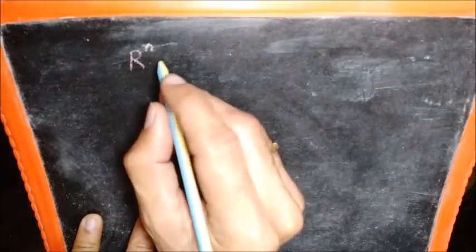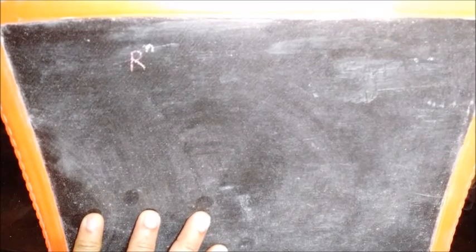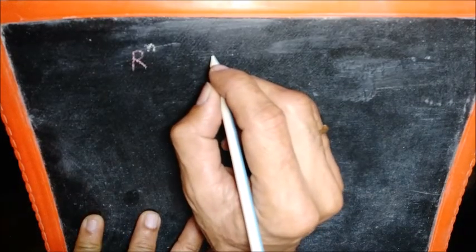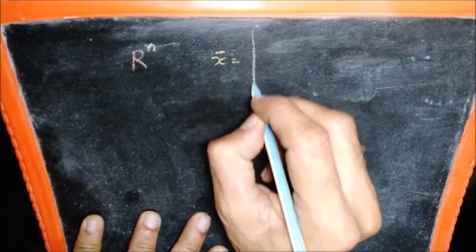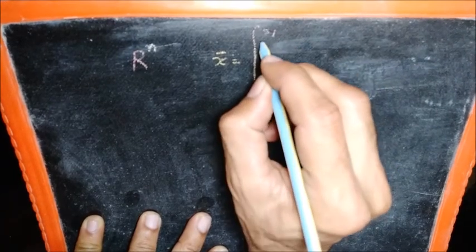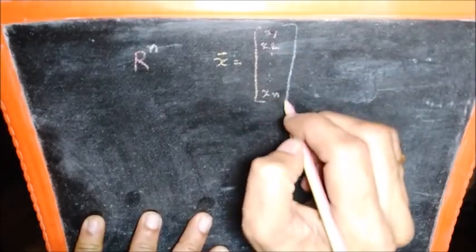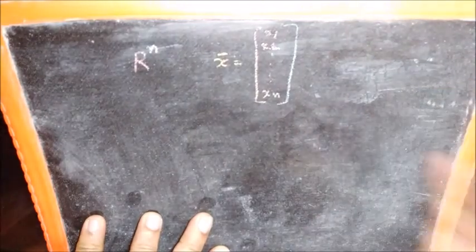If you extend that, the set of real vectors in n-dimensional space, that is, vectors whose components are real, will comprise a vector space. In this case, that is Rn, a vector in general would be expressed as x1, x2, ..., xn. So the R2 case becomes a special case of this, where n is equal to 2.